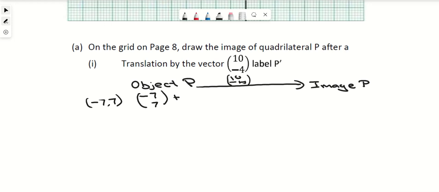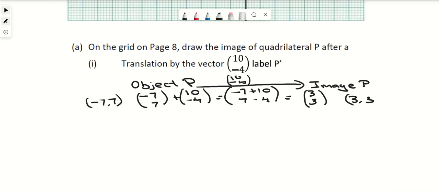Then we're going to add our translation, which is (10, -4). When we add it, it's going to be minus 7 plus 10, and then 7 minus 4, well, plus minus 4, right? And this will give me 3 on top and 3 at the bottom, which is also (3, 3) as a coordinate.